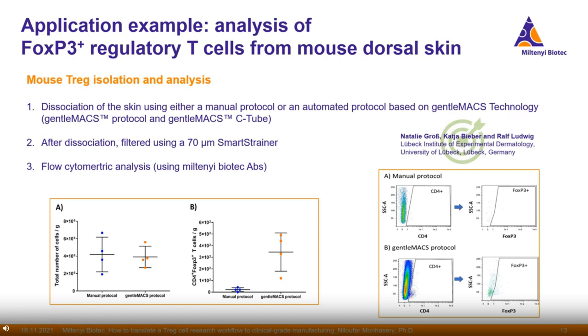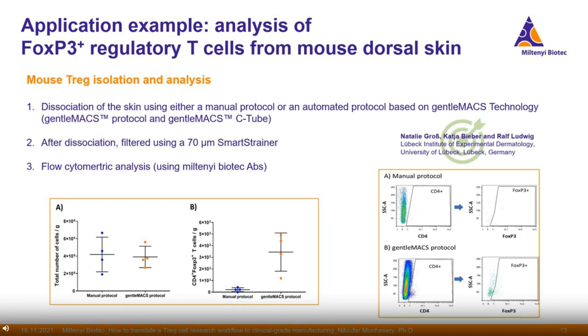They used the gentleMACS Dissociator and also the gentleMACS C Tube, besides using a 70 micrometer SmartStrainer, to dissociate mouse dorsal skin, which is a hard tissue to dissociate, and then they identified FOXP3 positive regulatory T cells.